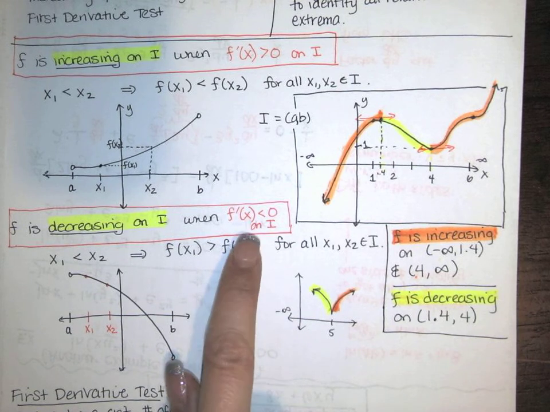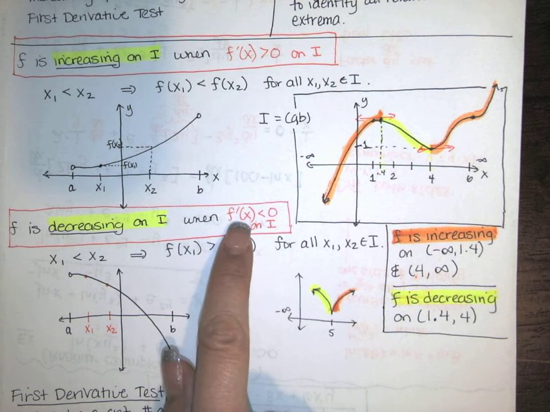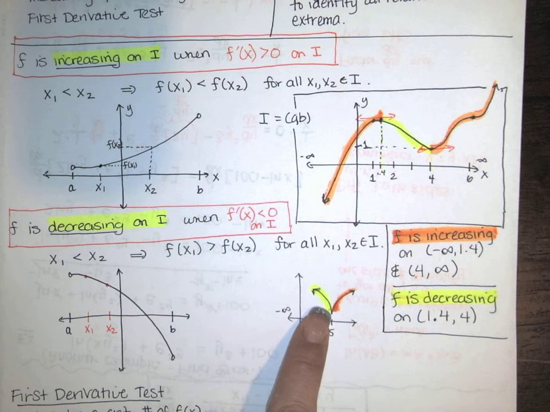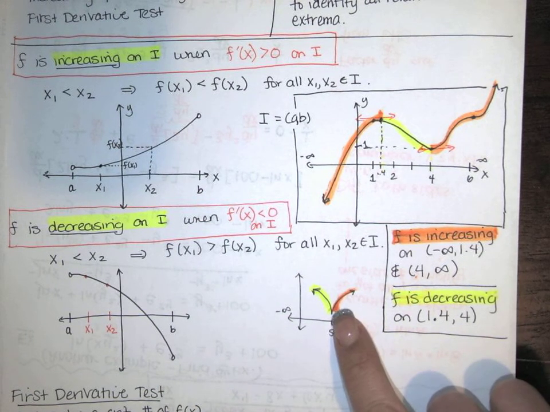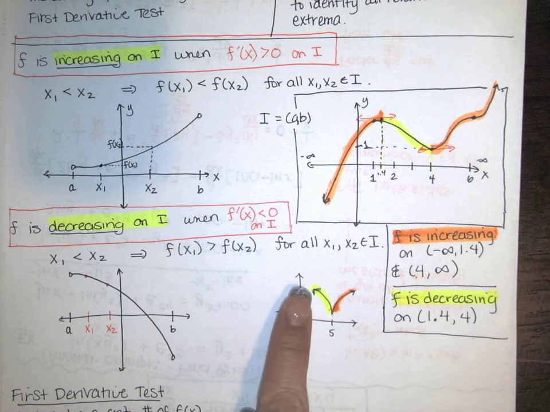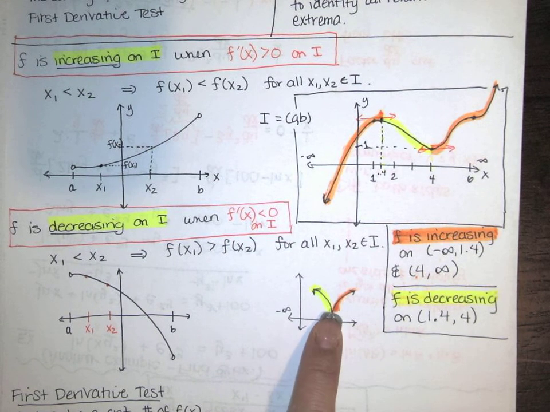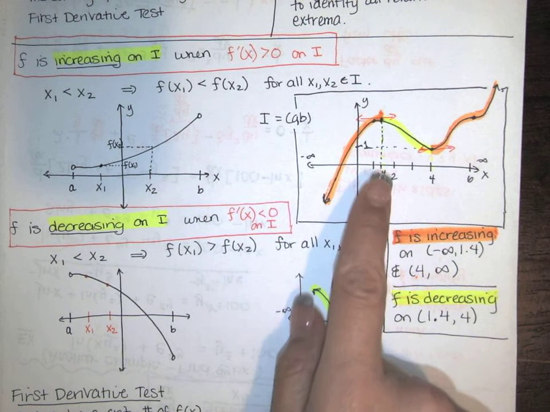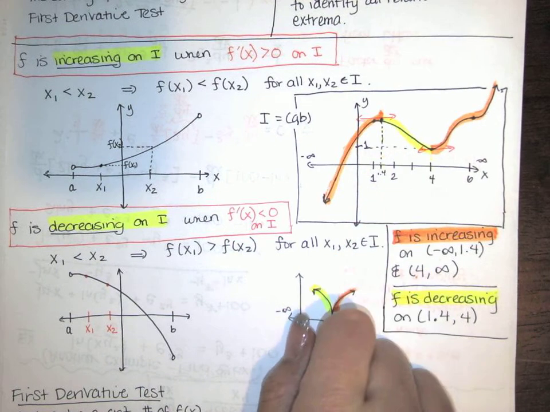So the derivative tells you the slope. The derivative is negative when it's decreasing. And then over here, it's increasing, so this derivative is positive. So it goes from decreasing to non-existent slope, can't find it, to increasing. Decreasing to increasing, we've got a min.